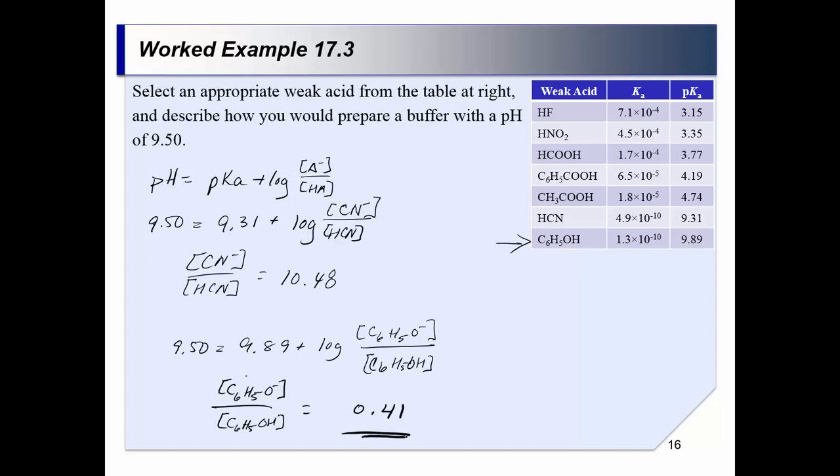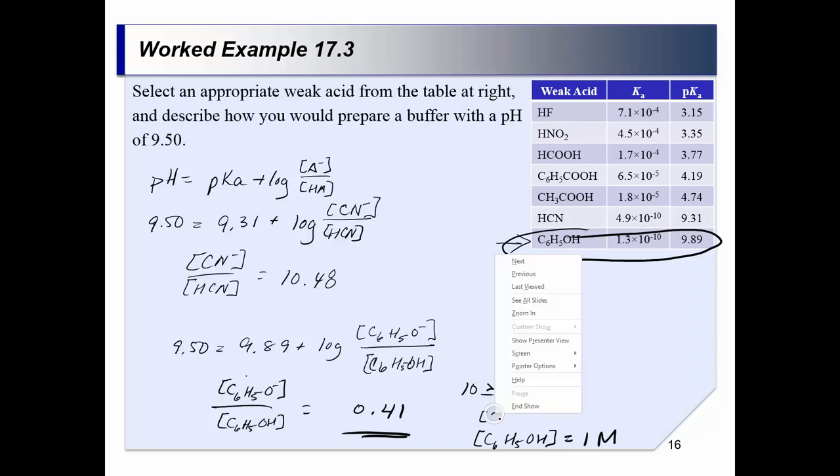In this case, this is within our range. Therefore, I would use phenol for that buffer. If I declared my initial concentration of phenol to be 1 molar, then I would need the concentration of my conjugate base to be 0.41.